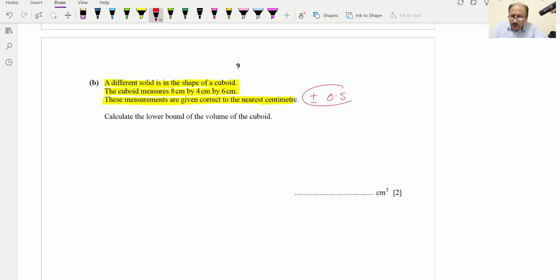We'll have to add and subtract for the upper and lower bound. Our task, for 2 marks, is to calculate the lower bound of the volume of the cuboid. To calculate the lower bound, we'll take 8 centimeters, and its lower bound will be what?